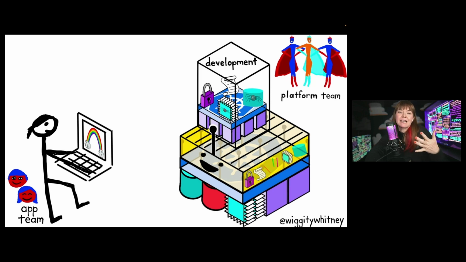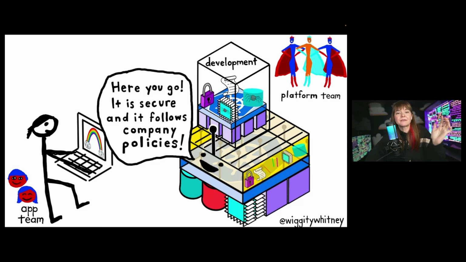So the platform team made the self-service friendly platform API that developers can use on demand to provision their own development environments as needed. The platform team additionally encodes company security, compliance, and governance policies all into the platform, so the developer doesn't even have to think about it.